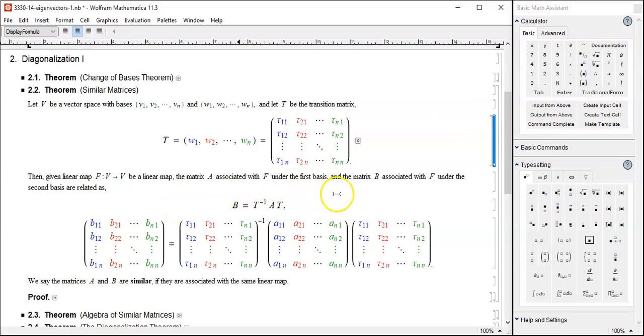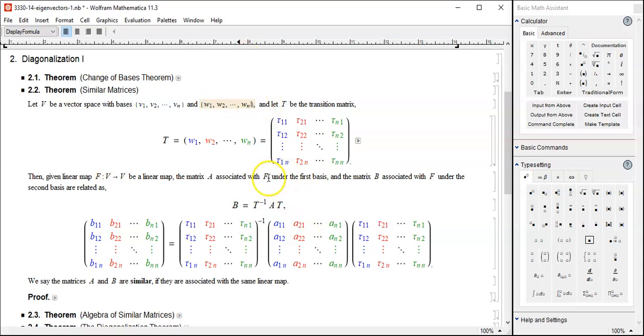Now, given a linear map F from V to V, so it's a linear operator, the matrix A is associated with this F under the first basis. And matrix B is the same linear map, the same linear operator, with its matrix representation with respect to the second basis.